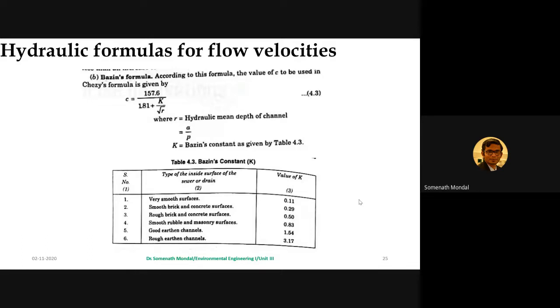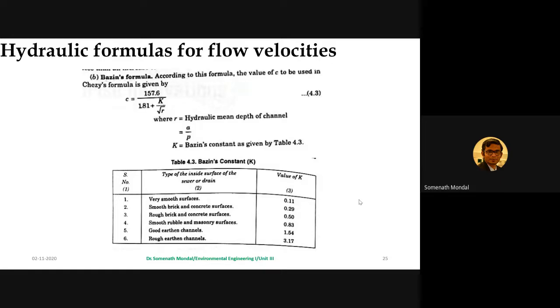You need not remember these tables, because if a question is asked in the exam, or numerical problems are given from this particular section, in most cases these values, capital K here or N in the previous case, will be given, because it is difficult for students to remember the value of K or N. Again, it depends upon the nature of the surface.